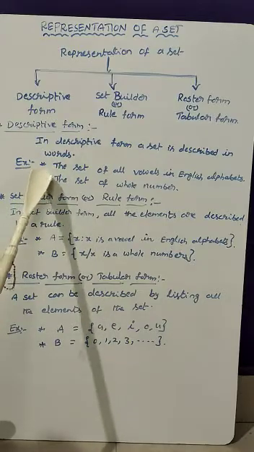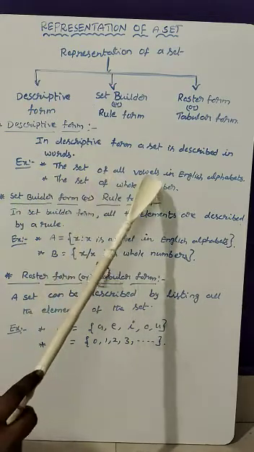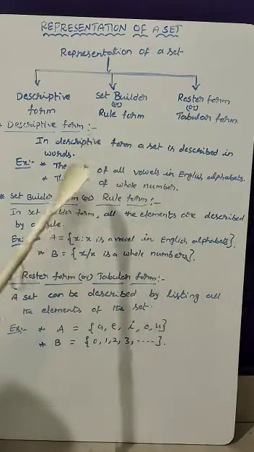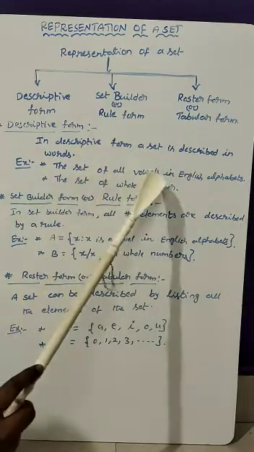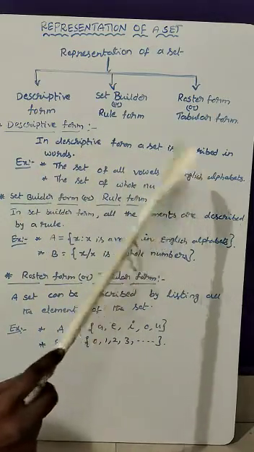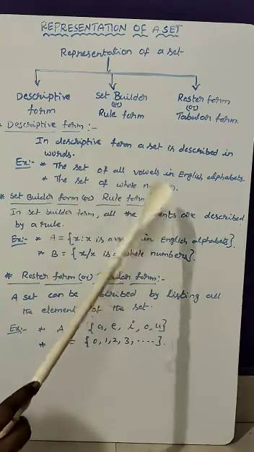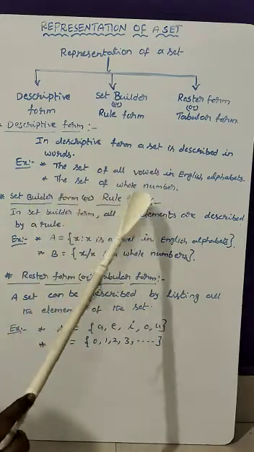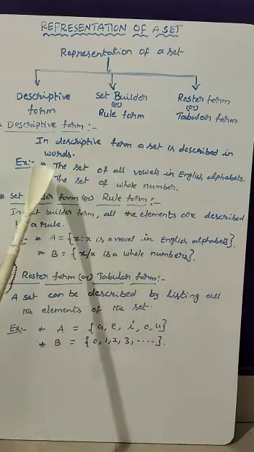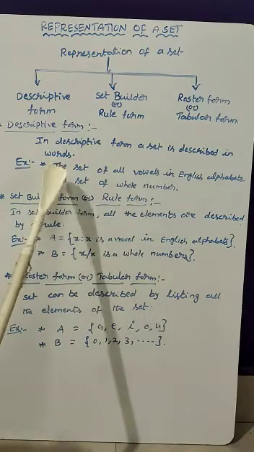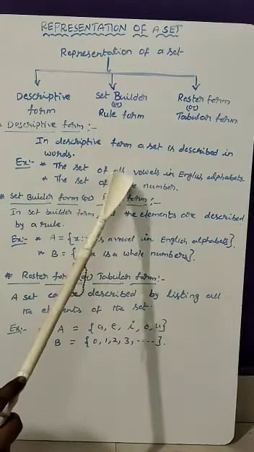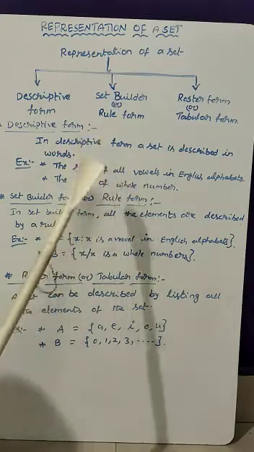The first example: the set of all vowels in the English alphabet. The second example: the set of all whole numbers. So without curly brackets, you have to write only in words; that is called the descriptive form.